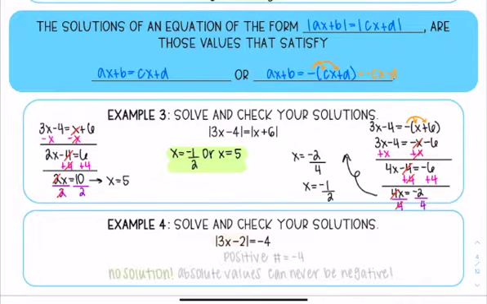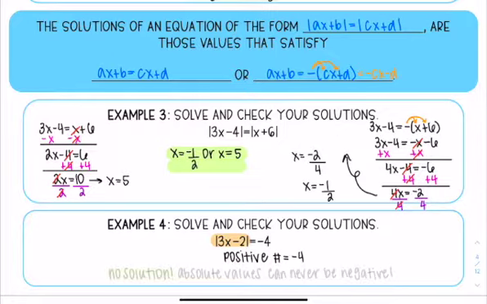And for the last example, we have the absolute value of 3x minus 2 equals negative 4. An absolute value gives me a positive number, whether it's negative on the inside or positive. So what we're saying is that the left-hand side, which will always give me a positive number, is equal to negative 4.